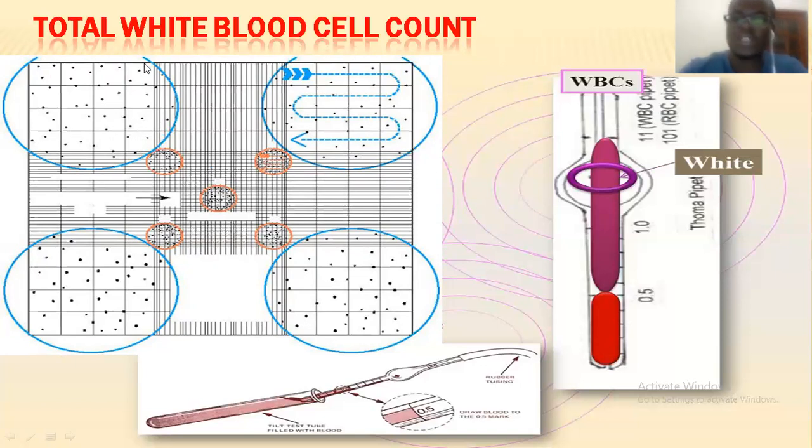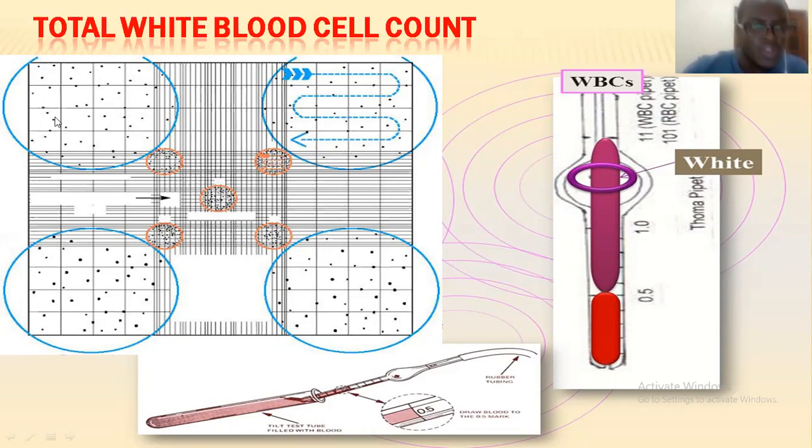How you count is also the same as we did for red blood cells, whereby you count the cells that are touching the triple lines at the top. So you have triple lines here, 3 lines, and those cells that are touching the middle line, you count them. Also on the left margin, you count those cells that are touching the middle margin.